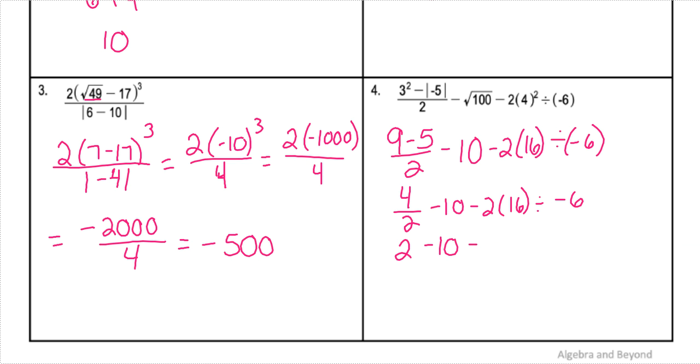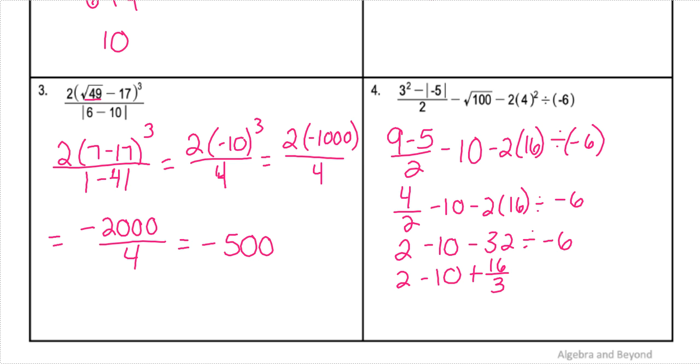Can't subtract yet. I can multiply these two. So I'm going to get negative 32. And then that is going to be divided by negative 6. So when I divide 32 by negative 6, I am going to get a positive, and then 32 isn't divisible by 6, but I can certainly reduce it to 16 over 3.